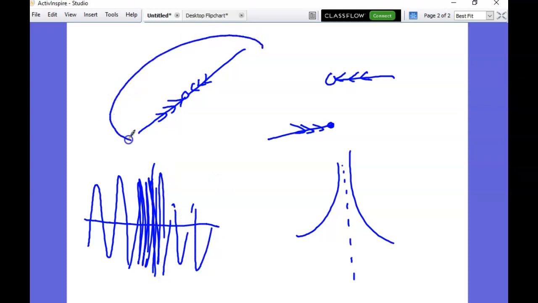So out of all those types of discontinuities, this one is the one that's removable. There's a slight variation to this one that's removable, and that's when there's actually a dot above it, but still a hole, right? So those are examples of removable versus non-removable. So this is removable, and the rest are all non-removable.